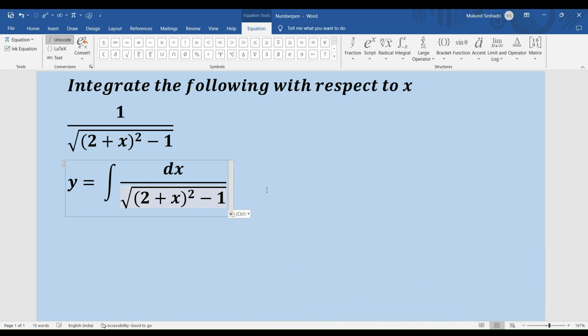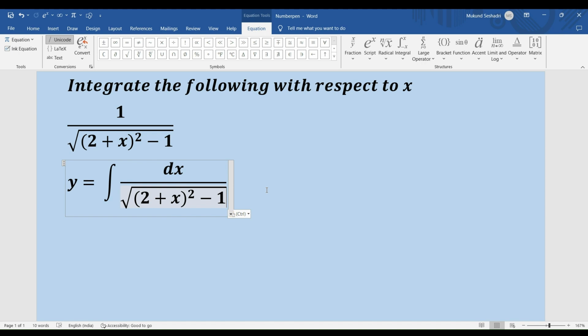I always suggest that you must try and connect it with one of the techniques that you have learned so far in integral calculus, right? And when I take a look at this problem, immediately you should be able to draw a parallel to the integral of dx by square root of x square minus a square, right? So how do I bring it to that format?